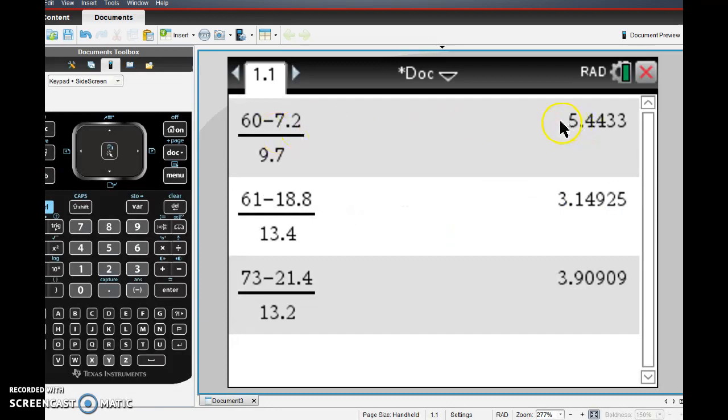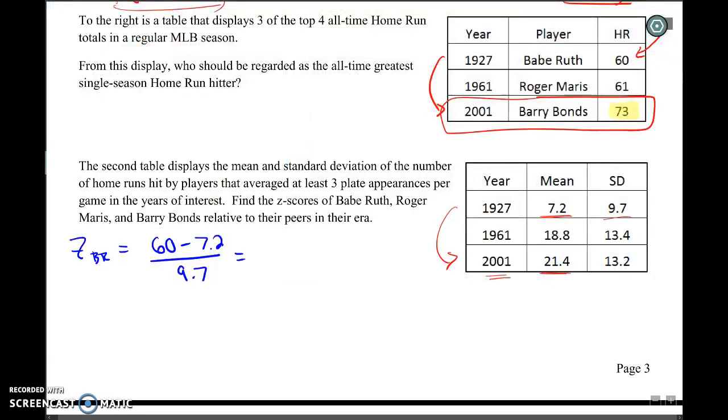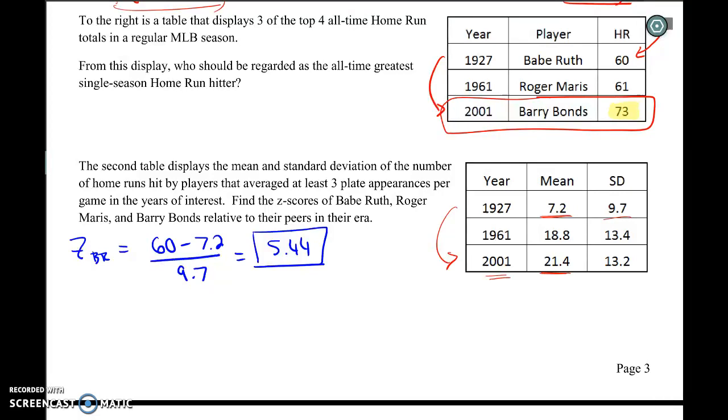Type that in the calculator, we get 5.44. So this is pretty amazing. This is 5.44. So again, if they asked us to interpret the z-score, you'd say Babe Ruth's home run total was 5.44 standard deviations above the mean for his time era.